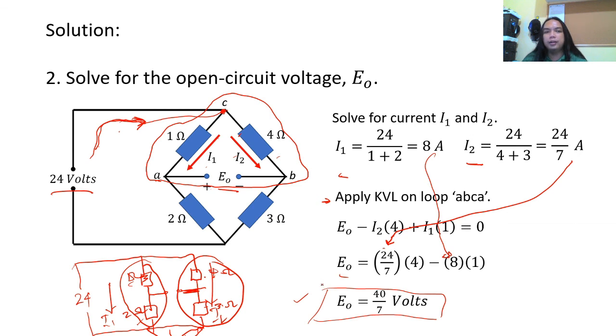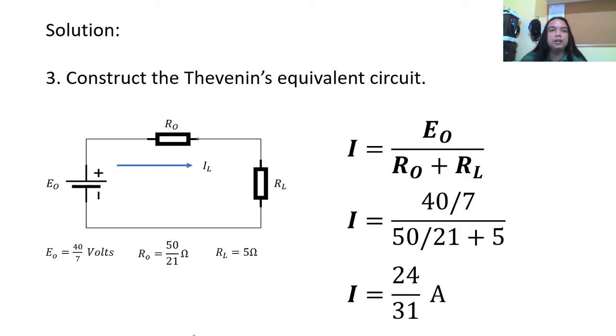Now for step 3, we construct the Thevenin's equivalent circuit. We have EO and RO, that is 40 over 7 for EO and 50 over 21 for RO. Now it will be in series with our load of 5 ohms, and IL.